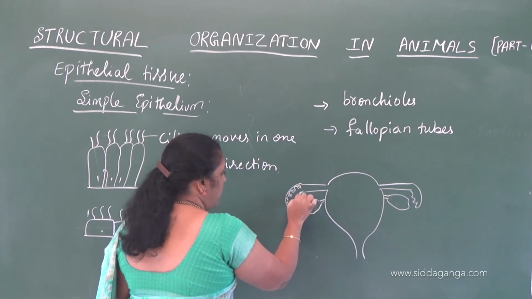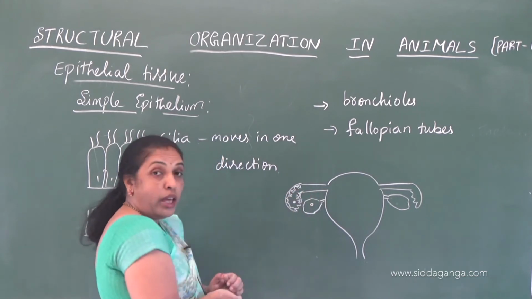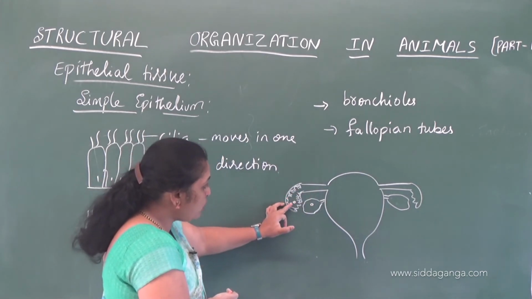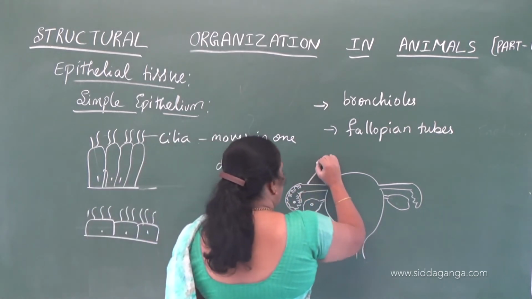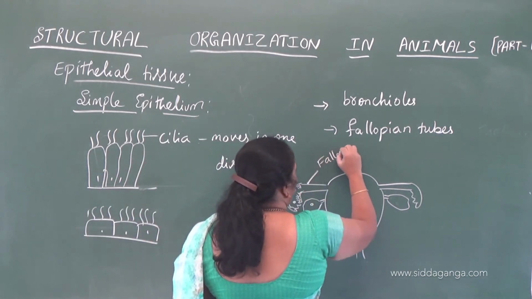The cilia move the ovum along the fallopian tube. This is the fallopian tube.